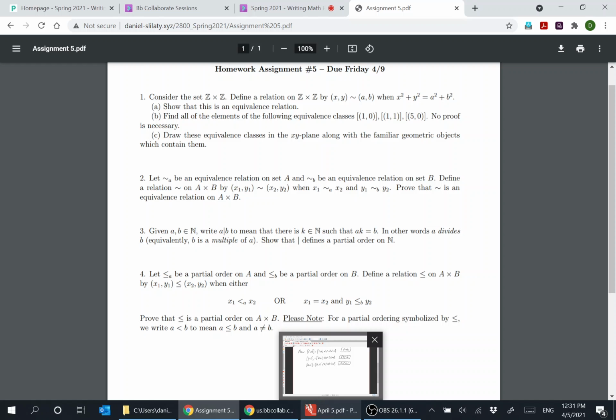So actually showing anti-symmetry there is a little bit, well, I mean, it's not hard, but it's more involved than some of the other ones. Okay?